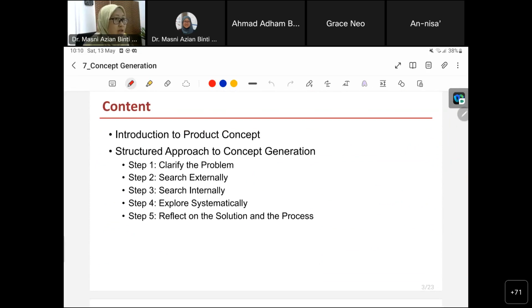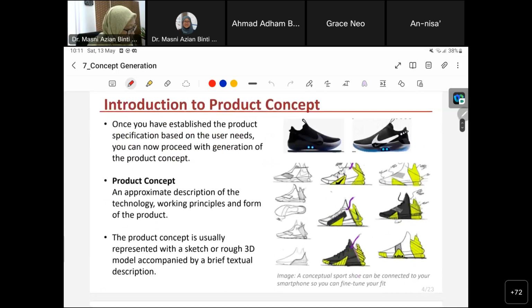But when we learn about product design and development and in industrial design, you can follow a very structured, systematic approach, so that you are able to generate multiple concepts based on the engineering theoretical ideals. Okay, so let's see what product concept is all about.